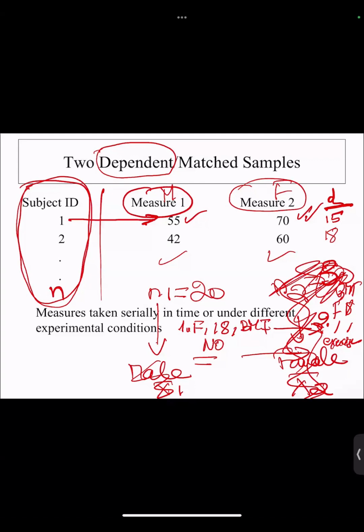But if I select a group of females and compare them, I take Nisreen, who's 18, and select another female who's 18, where one exercises and one doesn't, and I take their sample. But the best example for dependent is when we do before and after, so either before and after or matched samples.